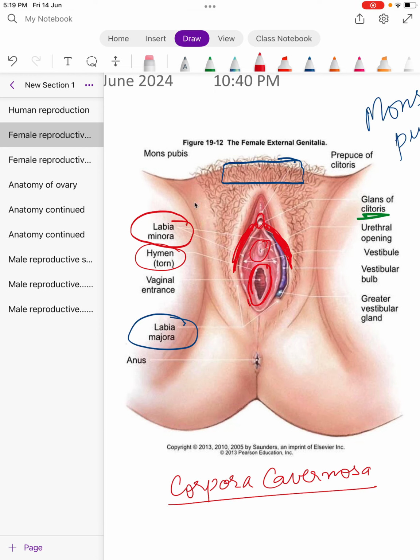During the menses, when a female is on her period in the month, the blood flows through the vagina and passes through the small hole in the hymen. Actually, the hymen covers the vagina, and there is a small hole in the hymen through which the blood comes out. So this is the external genitalia of the female reproductive system.